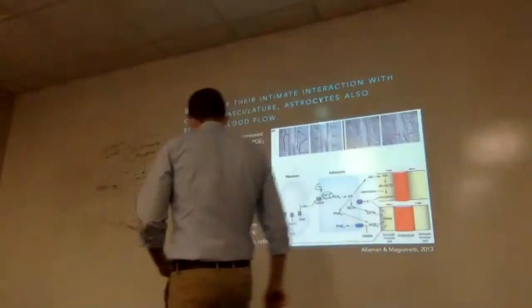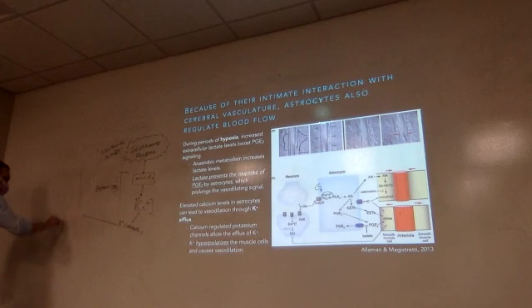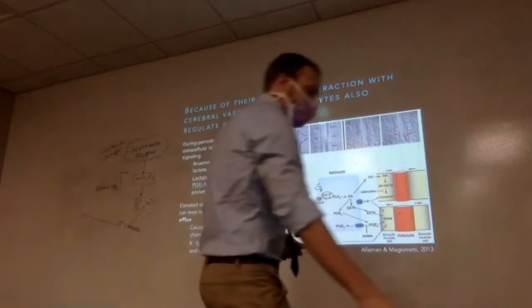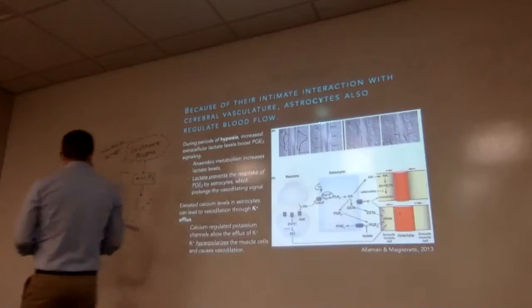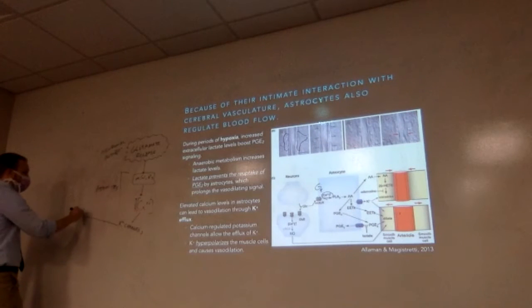Of course, astrocytes are right next to blood vessels. Here's our blood vessel. We have some RBCs in there. That potassium that exits as a result of that increase in calcium is going to build up outside.